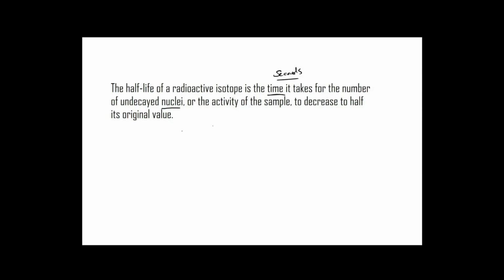Okay, so if the half-life, which is T subscript half, is, say, 10 seconds, and we start with 300 nuclei, after 10 seconds, we're going to have 150. 10 seconds later, we're going to have 75. 10 seconds after that, we're going to have, well, whatever half of 75 is, 37.5, because we can't have half nuclei, so we're going to say 38.